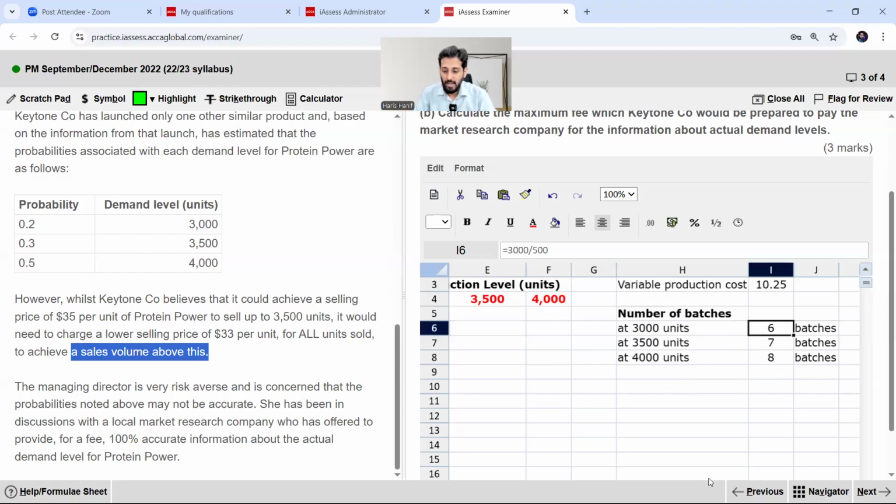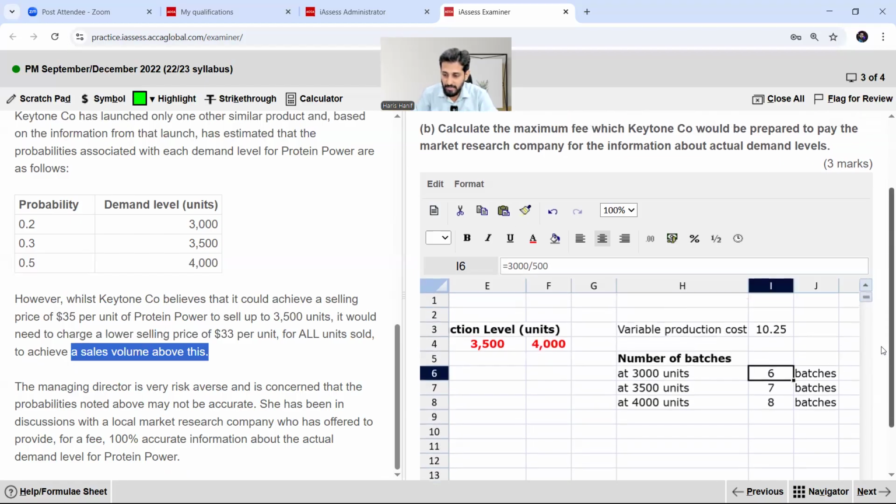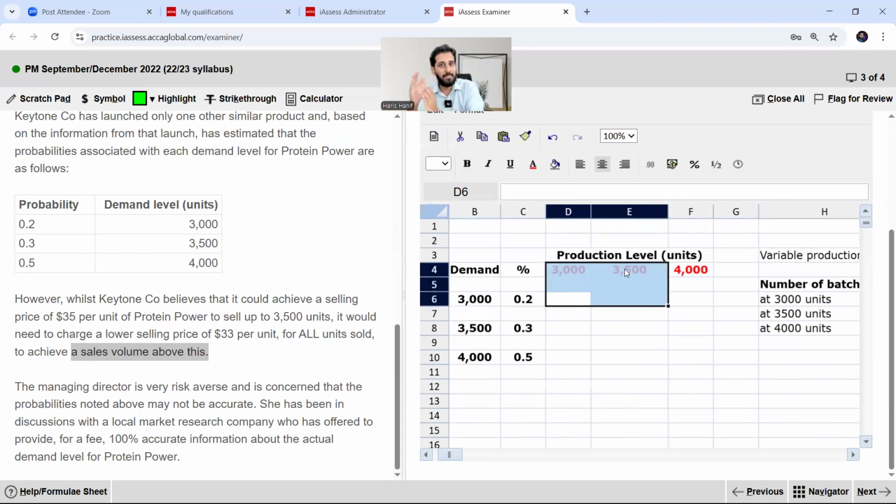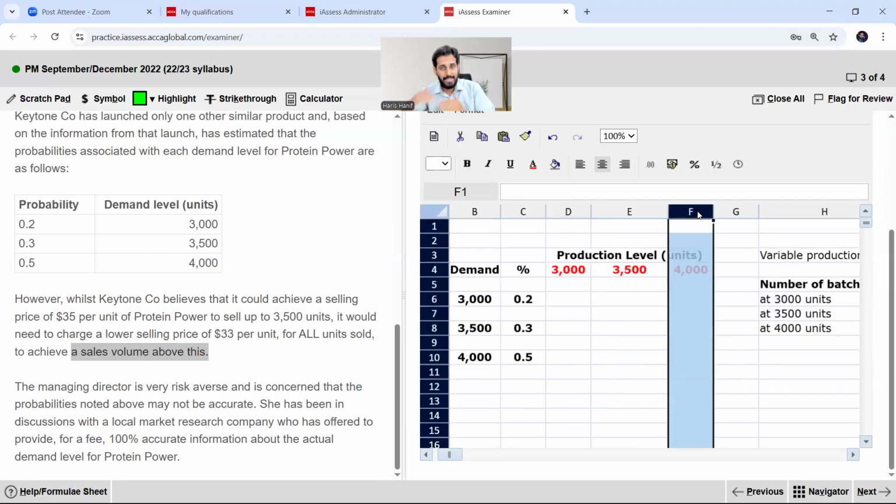That means when I am selling 3000 and 3500 units, the selling price would be $35. In order to sell 4000 units, the selling price needs to be lowered, and it will be $33 per unit, because the rule of demand and supply applies here: in order to sell more and more units, I have to lower my selling price, right? So that's a very simple point.